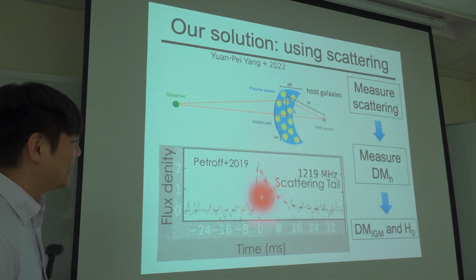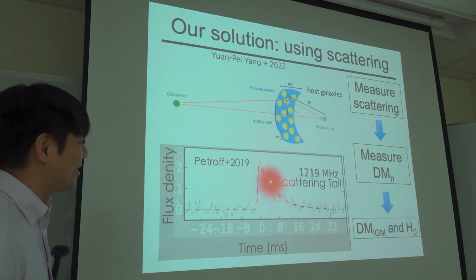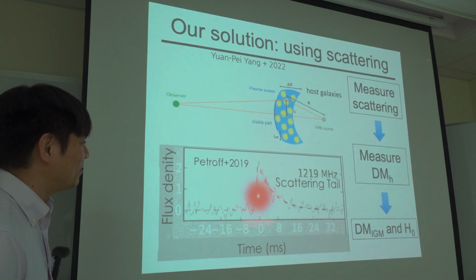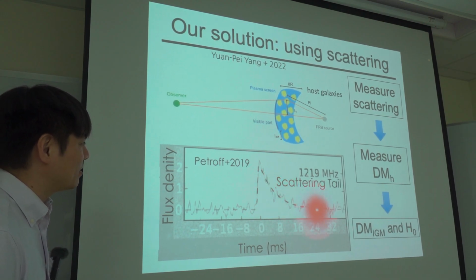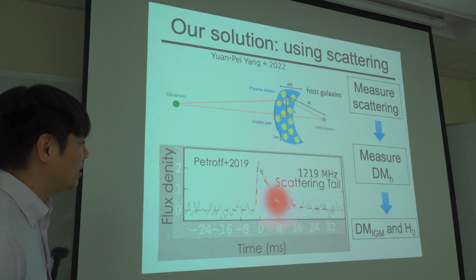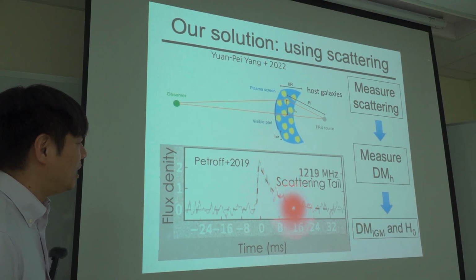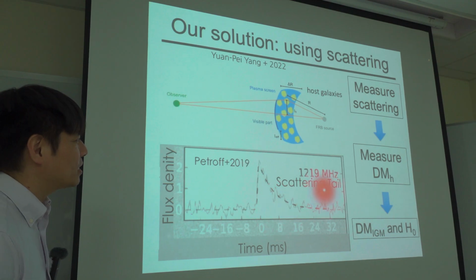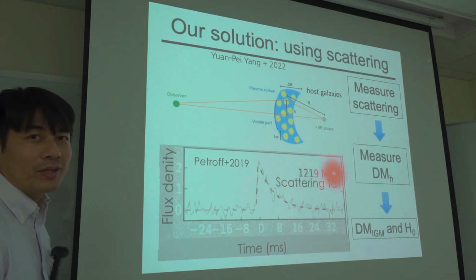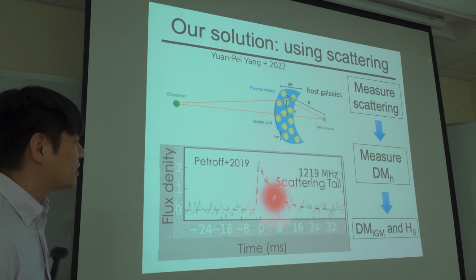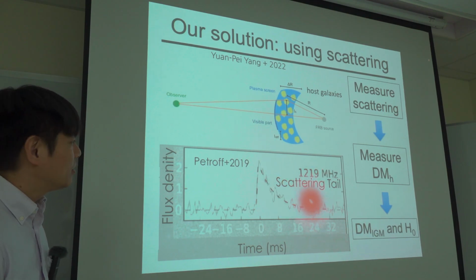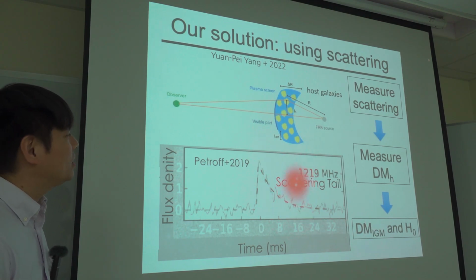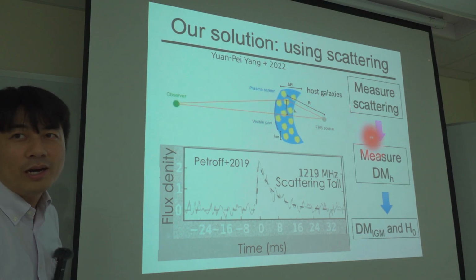The shape of the light curve is asymmetric. So that means you have a delayed component of the FRB for the same frequency. So there's a time lag here. This delayed component corresponds to this scattered light path because the geometrical distance is longer.